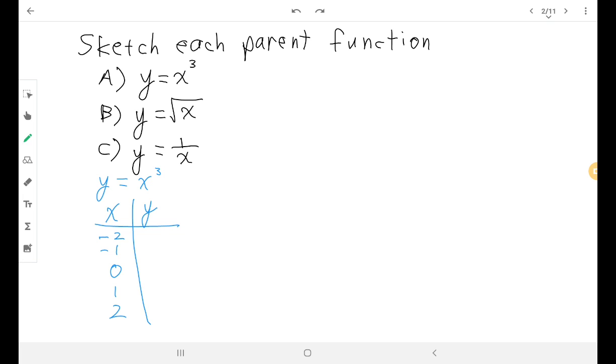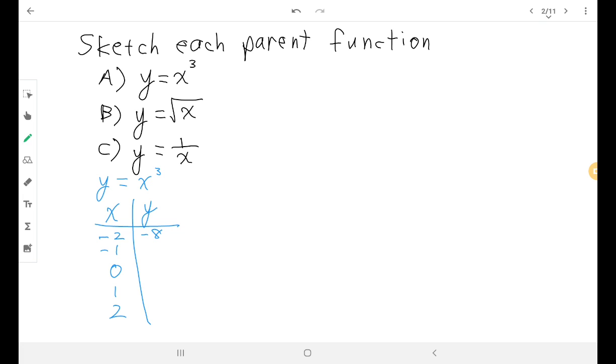And so for y equals x cubed, if I plug in -2 for x, that's -2 cubed, which is -2 times -2 times -2. So -2 times -2 is +4, and +4 times -2 is -8.